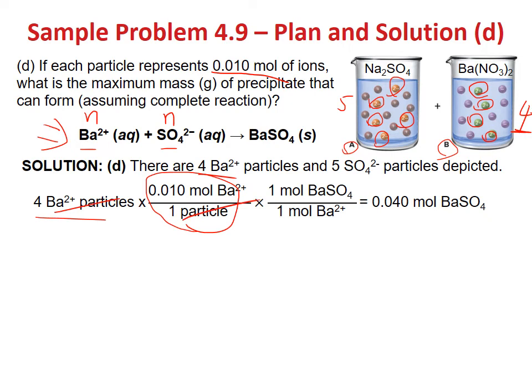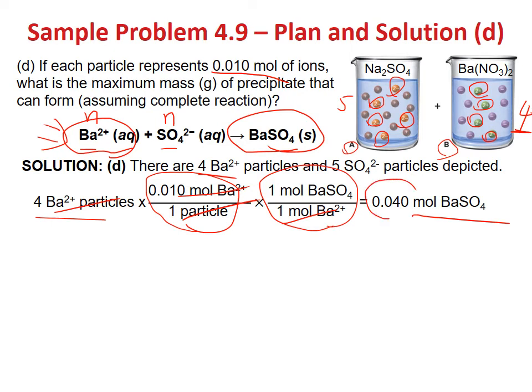And then use the stoichiometry. 1 mole barium is equivalent to 1 mole barium sulfate as a conversion factor. So moles of barium cancel, giving you moles of barium sulfate. All right. So if all barium ions are consumed, then we can generate 0.04 moles of the product barium sulfate.